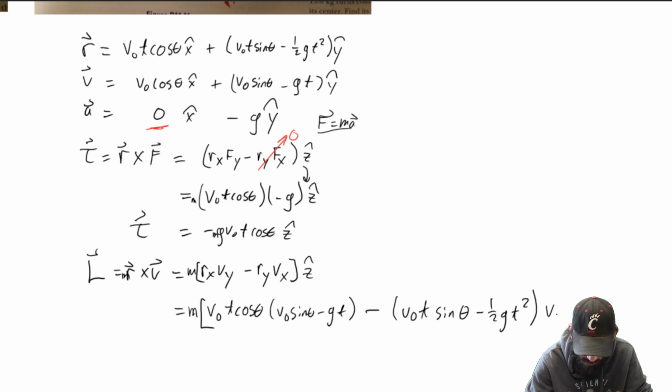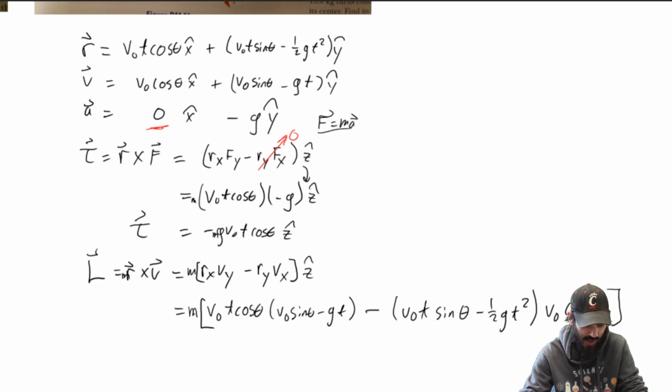So this is going to be a v0 cosine of theta. Well, this is an interesting calculation because I'm just going to pause here and say why I think this is an interesting calculation.